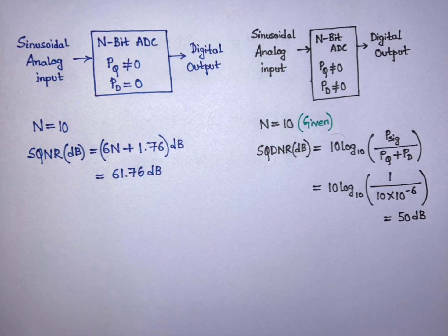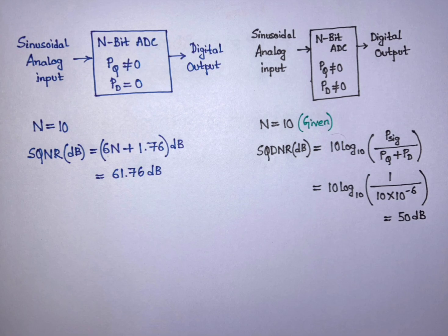So in the first case, for a 10-bit ADC, the maximum SNR which you will get is 61.76 dB. But in the second case, where it is also a 10-bit ADC, if you calculate the SQDNR, the signal to quantization noise plus distortion noise ratio, you will see that it is 10 log P signal divided by PQ plus PD. Here PQ means the total noise, and PD is the distortion noise.